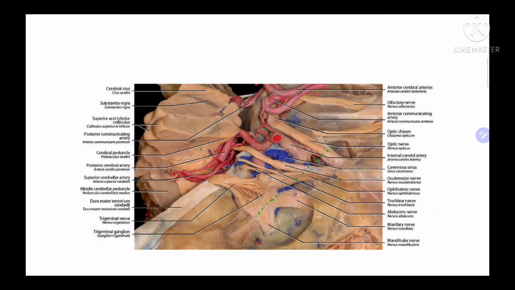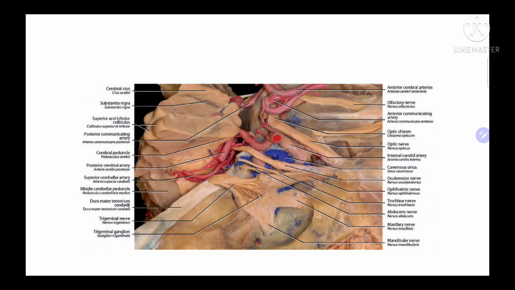Another way we want to identify it very easily is that the nerve runs between two vessels. See the nerve here again, okay, but you see these vessels, the nerve is going between them. This is the posterior cerebral artery, and the other one here, the superior cerebellar artery. Between these two arteries, we're gonna find the oculomotor nerve.